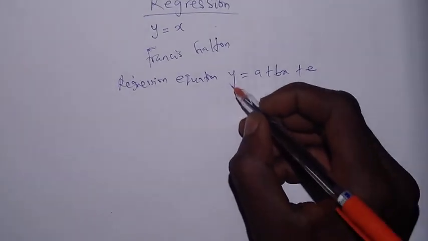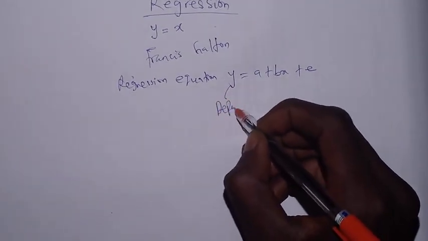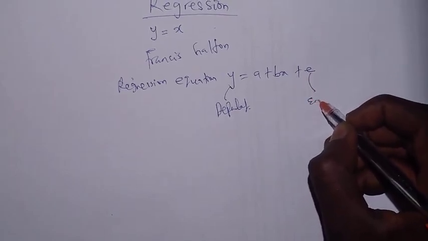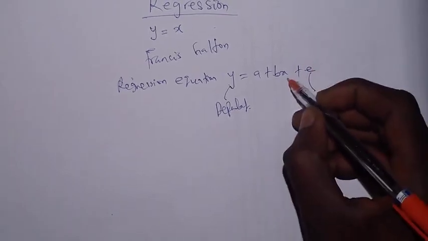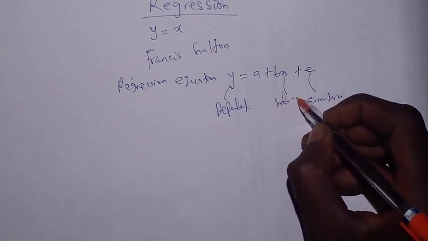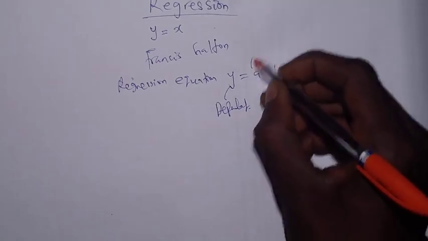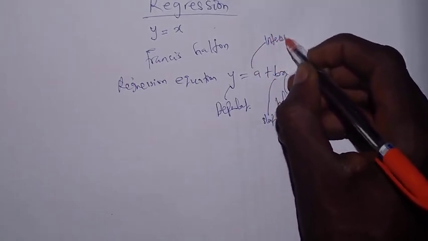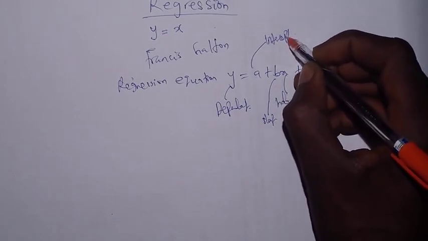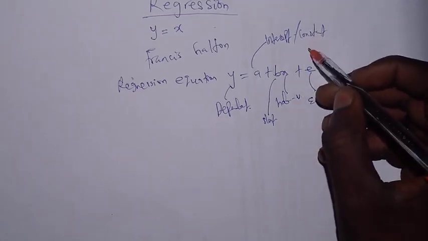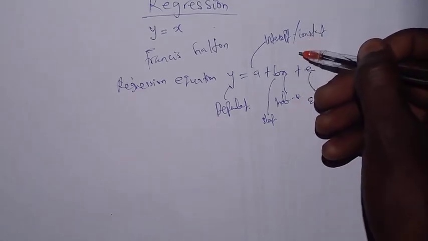And where y is dependent variable, e is error term, x independent variable, b slope coefficient, and a intercept or constant. Yes, definitely we've explained this in our previous video.